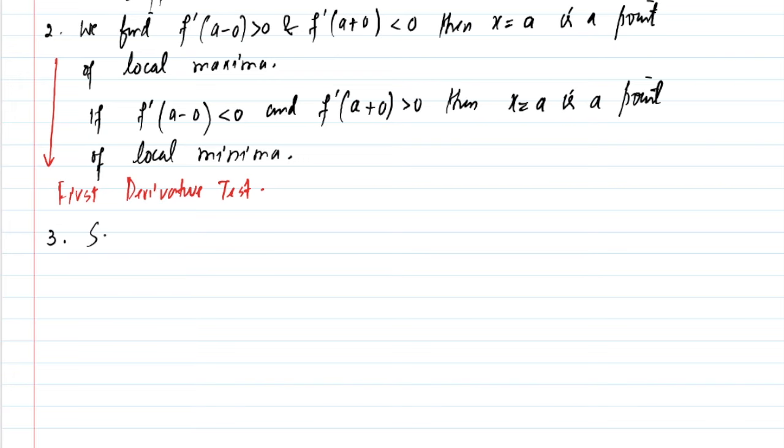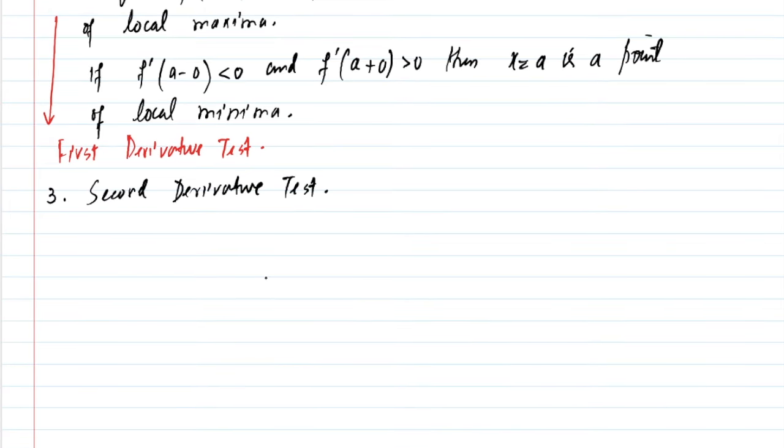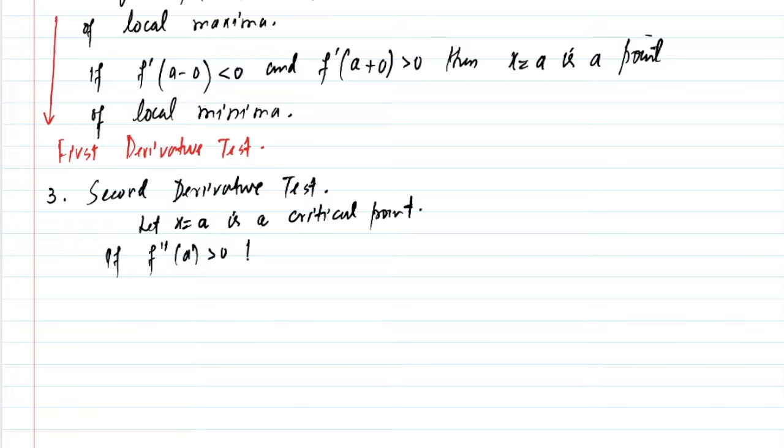So this is the second derivative test. Now in the second derivative test, let x equal to A be a critical point obtained in step number 1. If the second derivative at A is greater than 0, then x equal to A is a point of local minima.